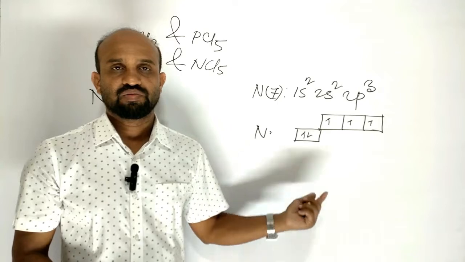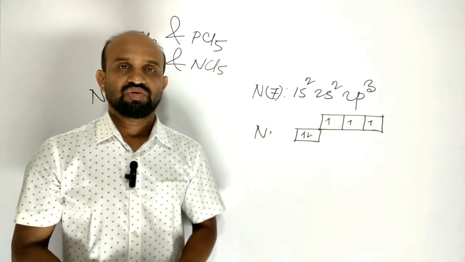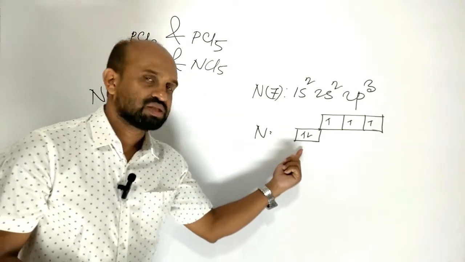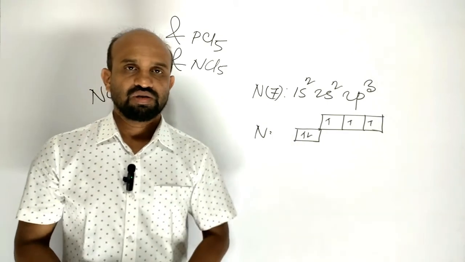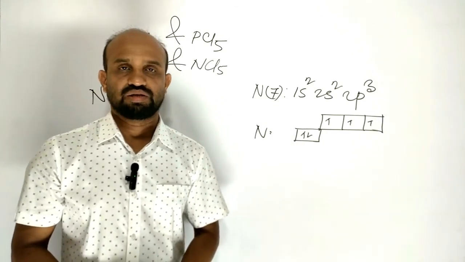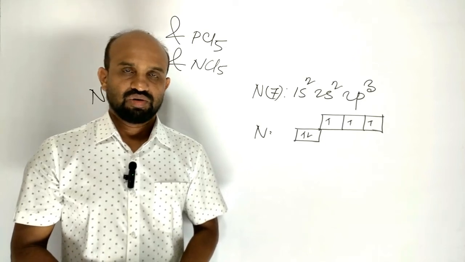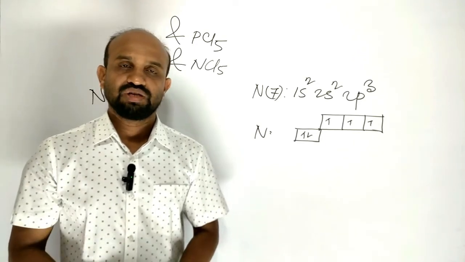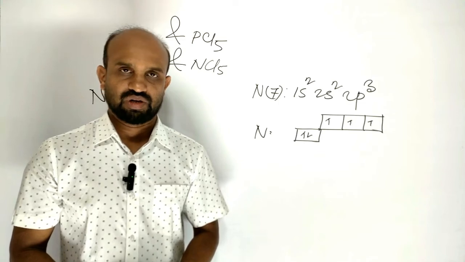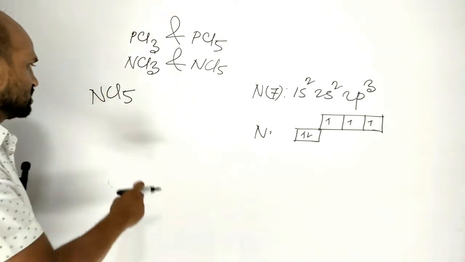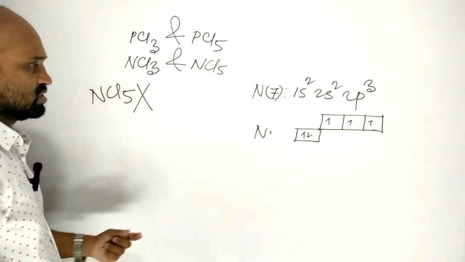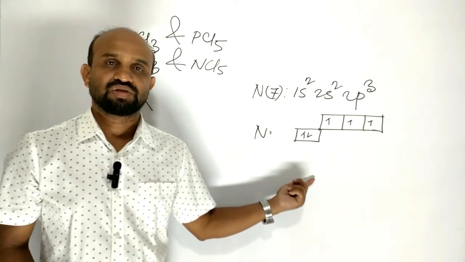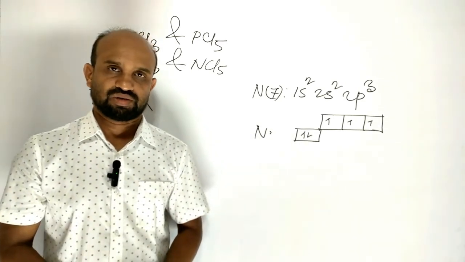There is no chance to break this pair because nitrogen has no vacant d orbital, so there is no scope to increase the number of unpaired electrons. That is why nitrogen pentachloride will not be formed, because of the absence of vacant d orbitals.